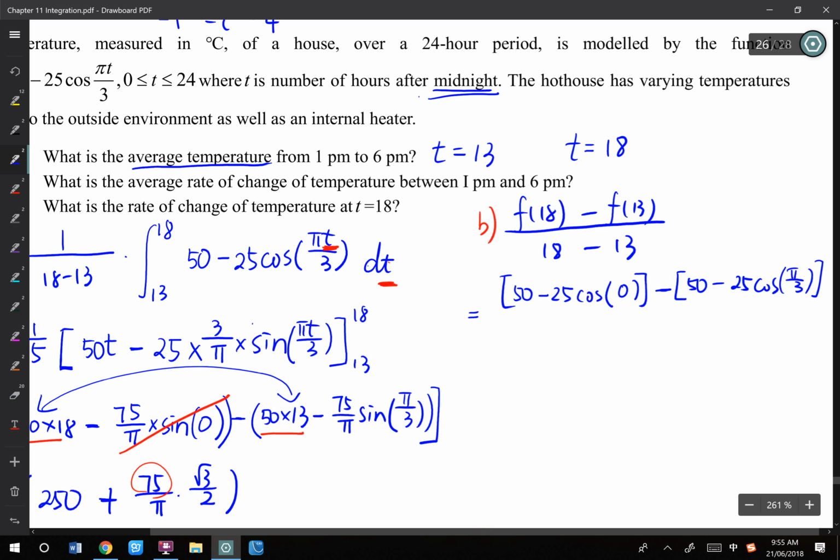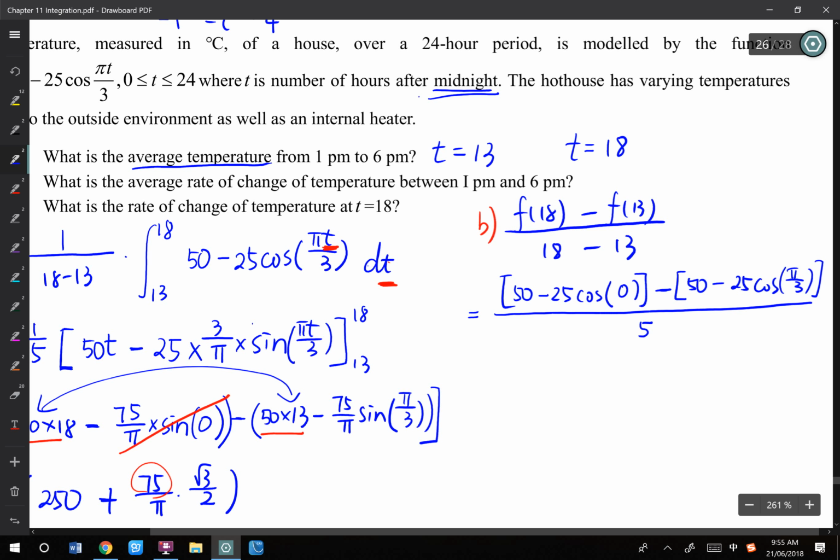Again, same reason, 13 over 3 pi is 12 pi over 3 plus pi over 3. So 4 pi can just cancel, so we just have pi over 3. And then divide by 5.